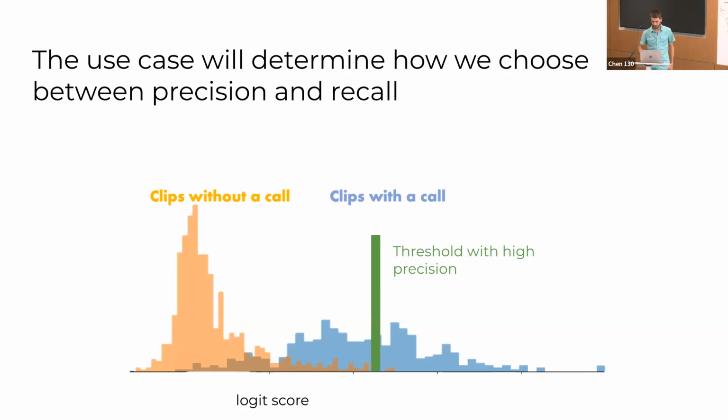And we can alternatively decide, for instance, that we want to be somewhere that has really high recall. But notice that in this particular set of scores, our model wasn't really good enough to completely separate those two histograms. If we require like 99% recall, if we want to capture all those blue clips, then we're also capturing the majority of the negatives.